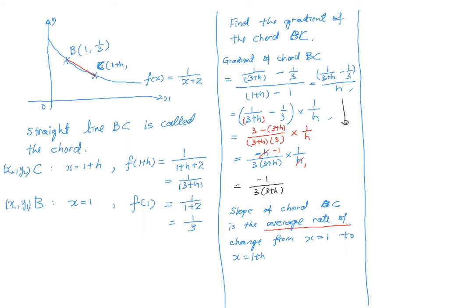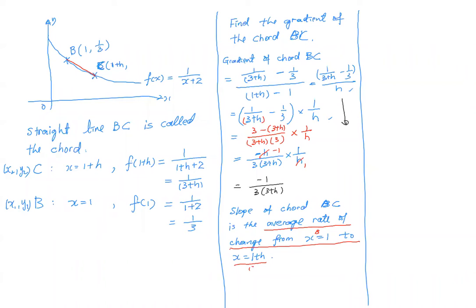Remember, this is very important, the word average. You have to mention what the average rate of change is from where to where. You cannot just say slope of a chord BC is the average rate of change. You will get 0. You have to specify from point B to point C.